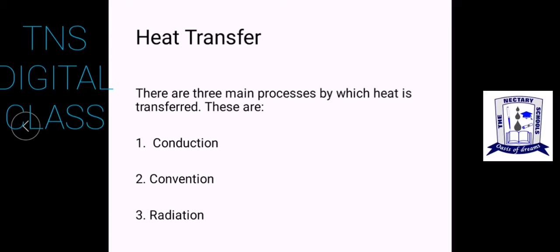These are the three major processes by which heat is transferred from one place to another. So we shall be looking at each of these processes of heat transfer one after the other to see the difference between them.